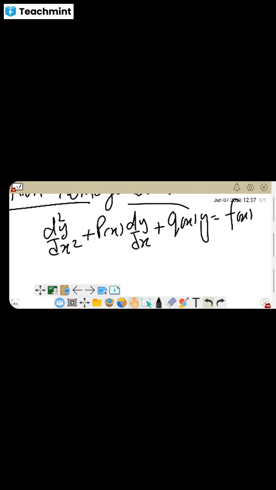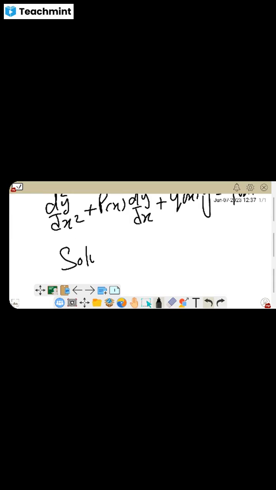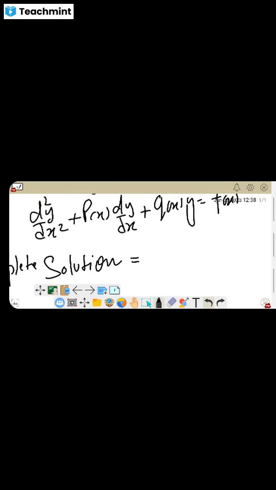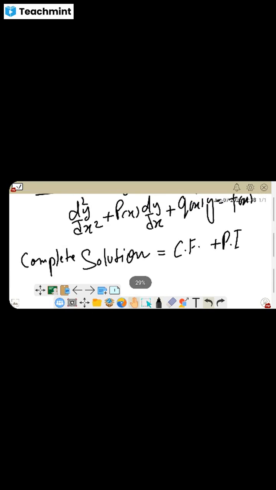So for non-homogeneous we'll find a solution, or you can say the complete solution, is equal to the complementary function, CF, plus PI as usual. But there is a separate, completely different method from the previous CF and PI.